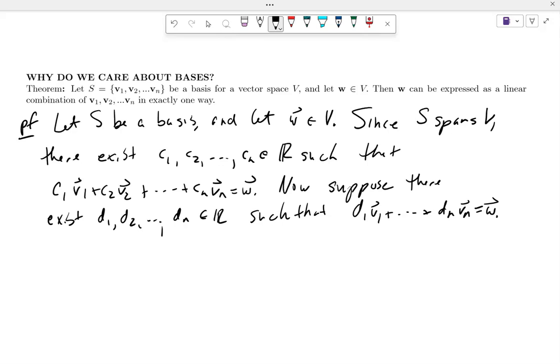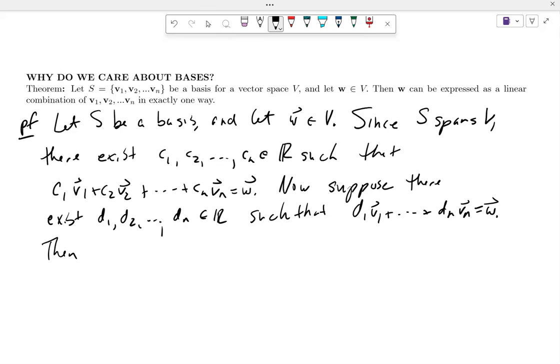Now again, from the definition of linear independence, what specific vector do we look at as a linear combination of? The 0 vector, right? Looking at these two linear combinations, what can we do to introduce the 0 vector? Subtract them from each other.